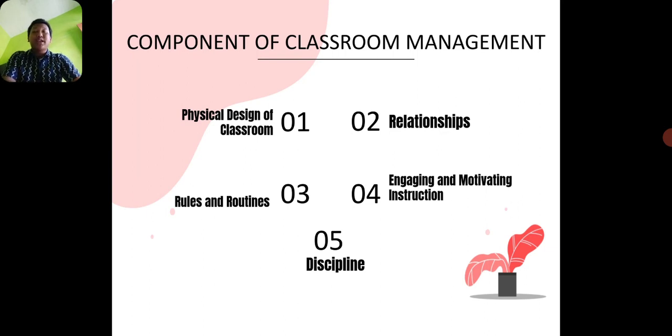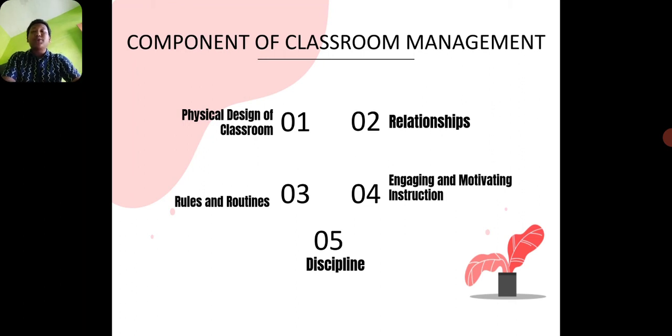The physical design lies in how the classroom is laid out, where the students' desks are, where the teacher's desk is, where learning centers and materials are located, where heavily used items such as the pencil sharpeners are, and so on.